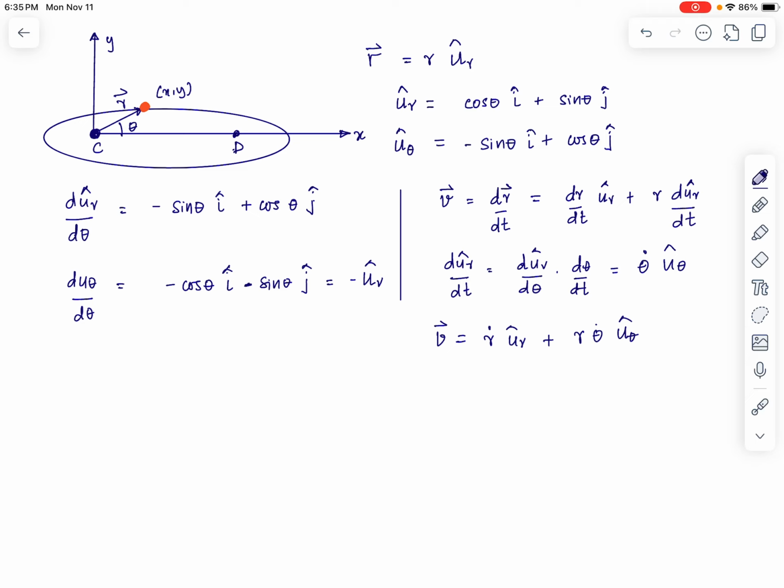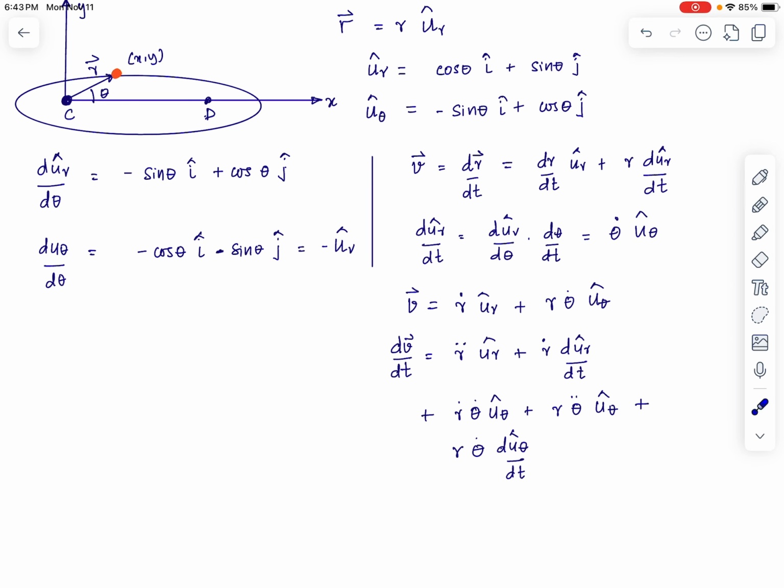This is dv/dt equals, again differentiating using the product rule, we get this plus r dot du r/dt, plus r dot theta dot u theta, plus r theta double dot u theta, plus r theta dot du theta/dt. So that's what we get here.